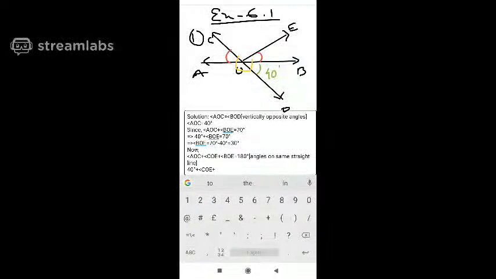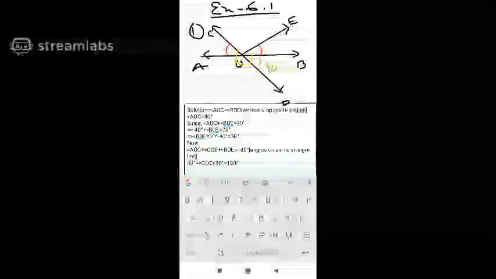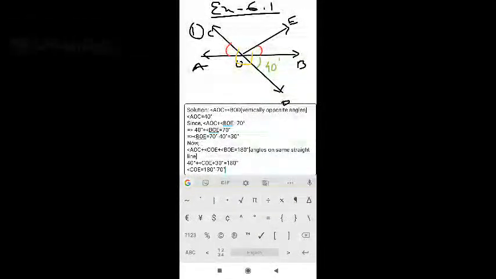Since 40 plus 30 is 70, we directly write angle COE equals 180 degrees minus 70 degrees, so we have got 110 degrees.